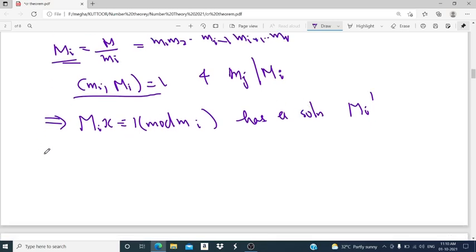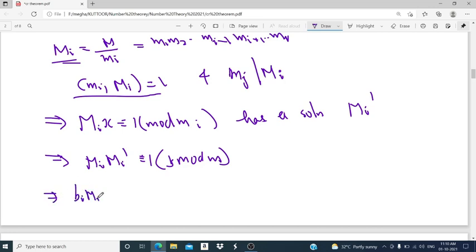Therefore, Mi dash also satisfies the congruence, that is, Mi Mi dash congruent to 1 modulo mi.